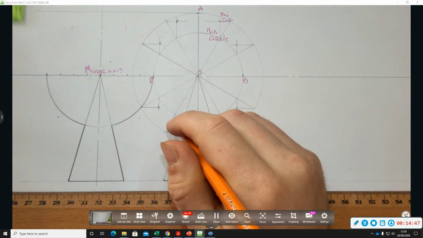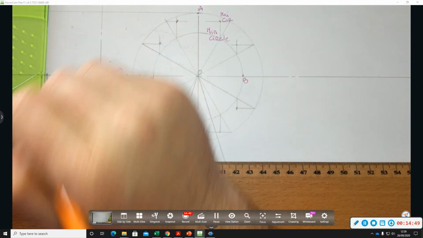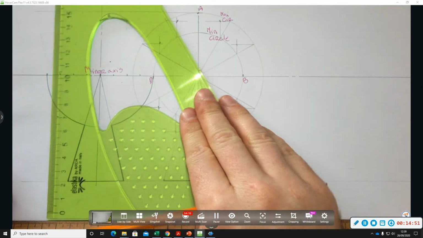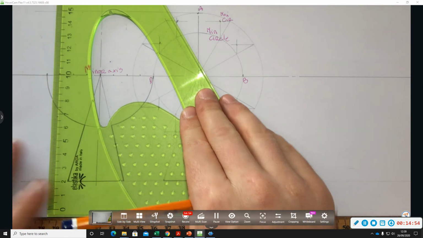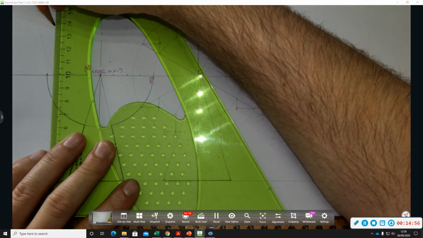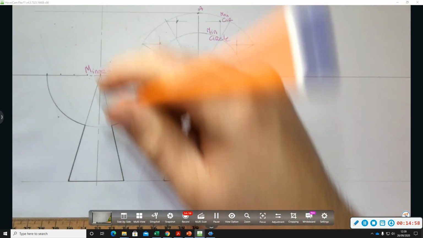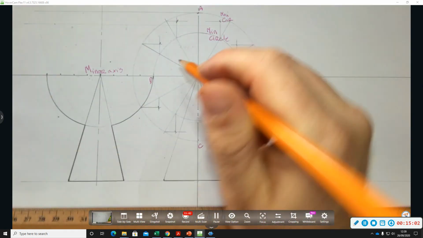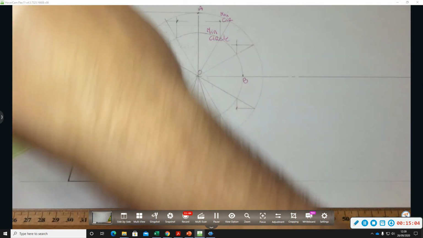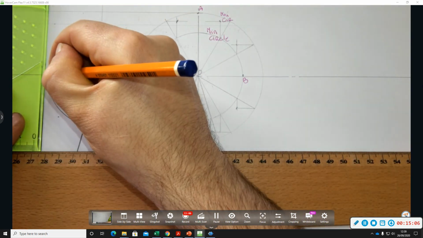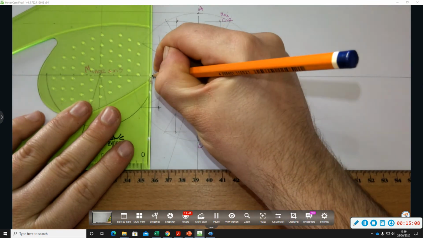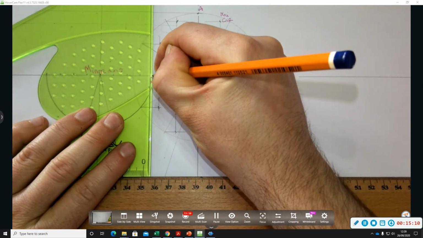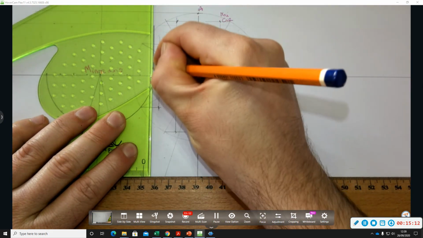Light line across there from A. Okay, and we can drop down 10 from A, or the height of point A. We can do a light line across. So the first one is a heavy line.